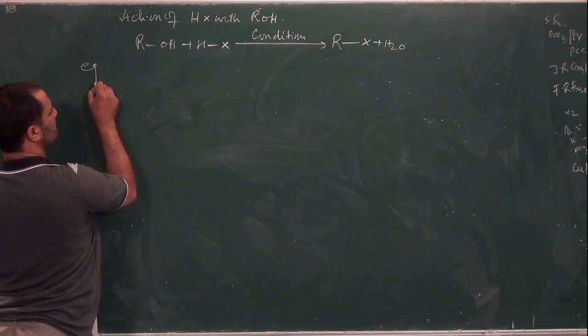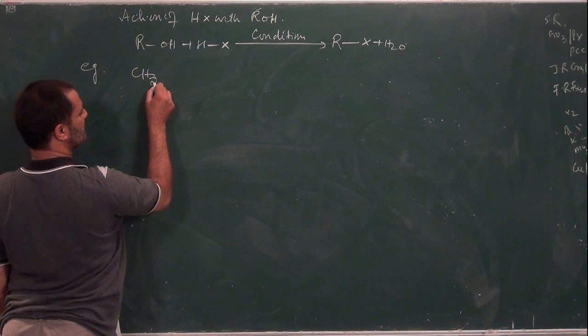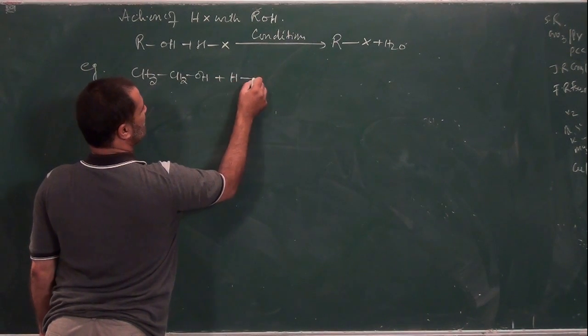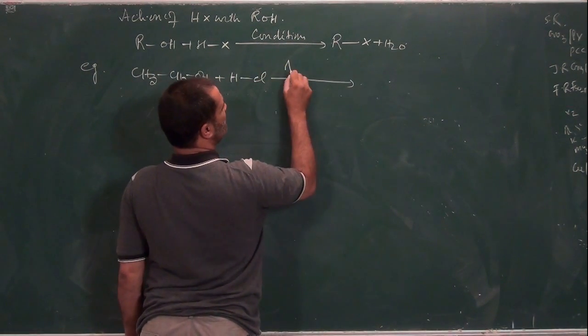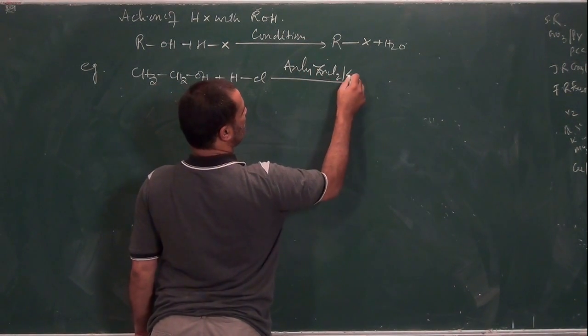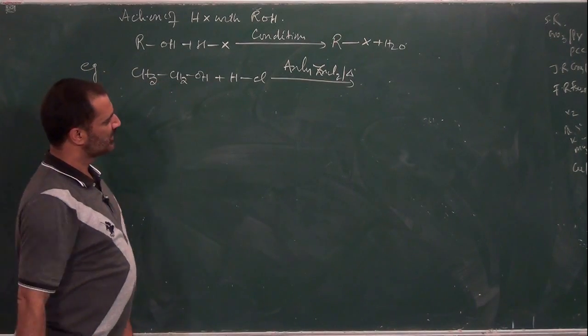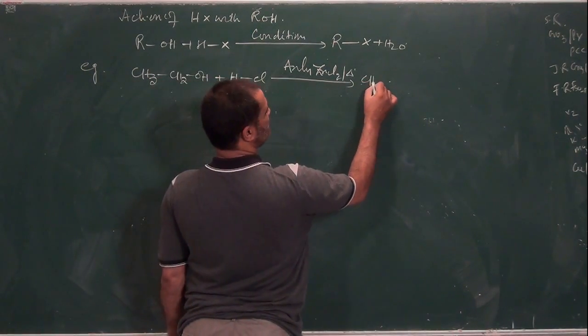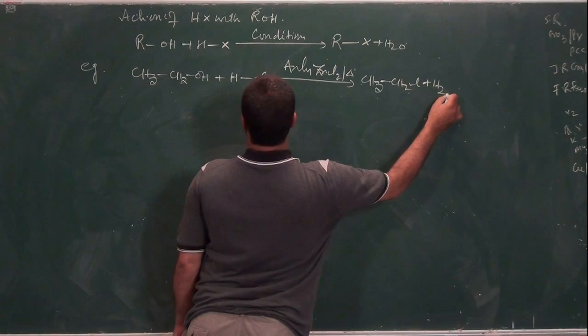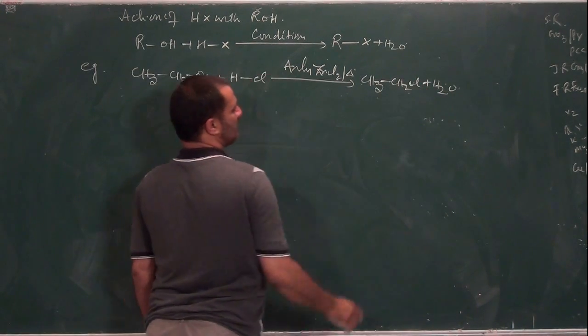For example, CH3CH2OH plus HCl in presence of anhydrous zinc chloride and heat results in the formation of CH3CH2Cl plus H2O.